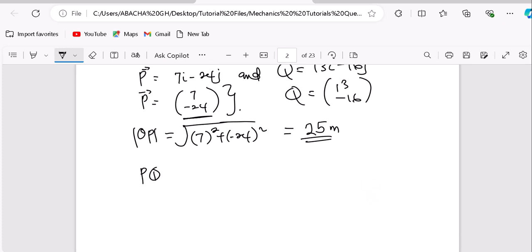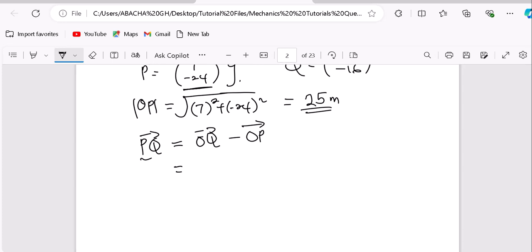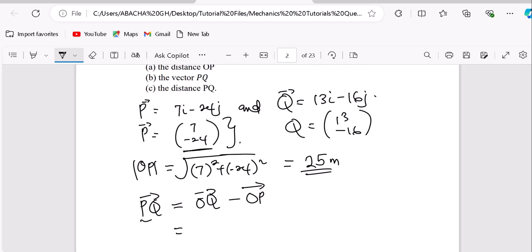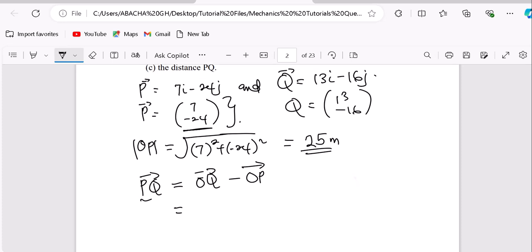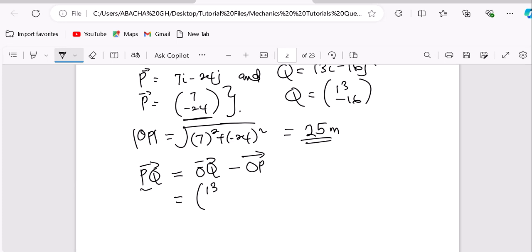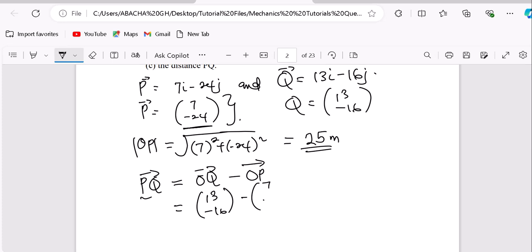Now we are asked to find the vector PQ. Vector PQ is equal to OQ minus OP. This is a displacement vector which we can express in terms of position vectors, so we have OQ minus OP. You should know this already, and so this is simple. Our vector OQ is (13, -16) minus OP, which is (7, -24).